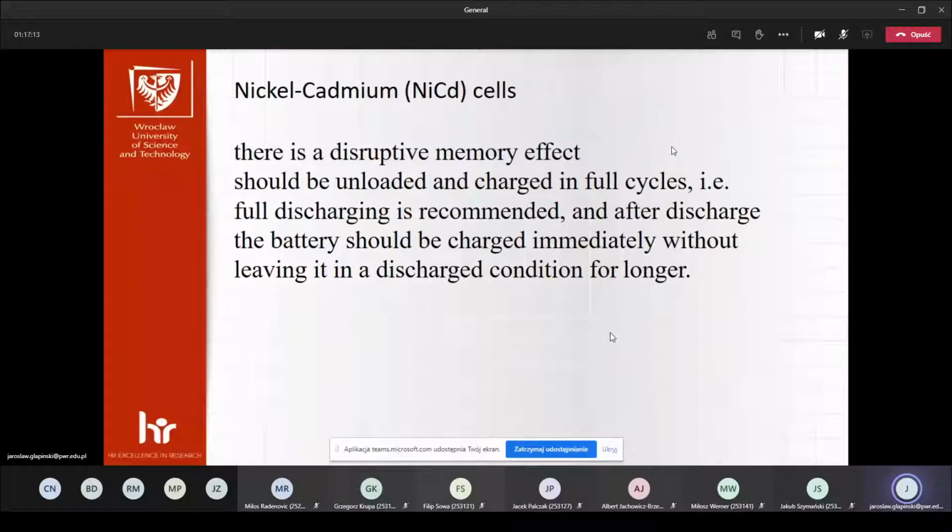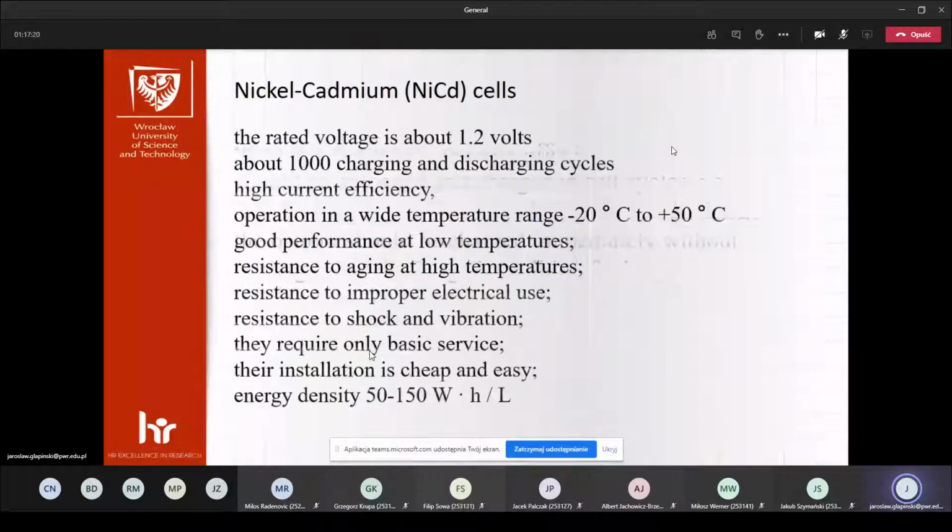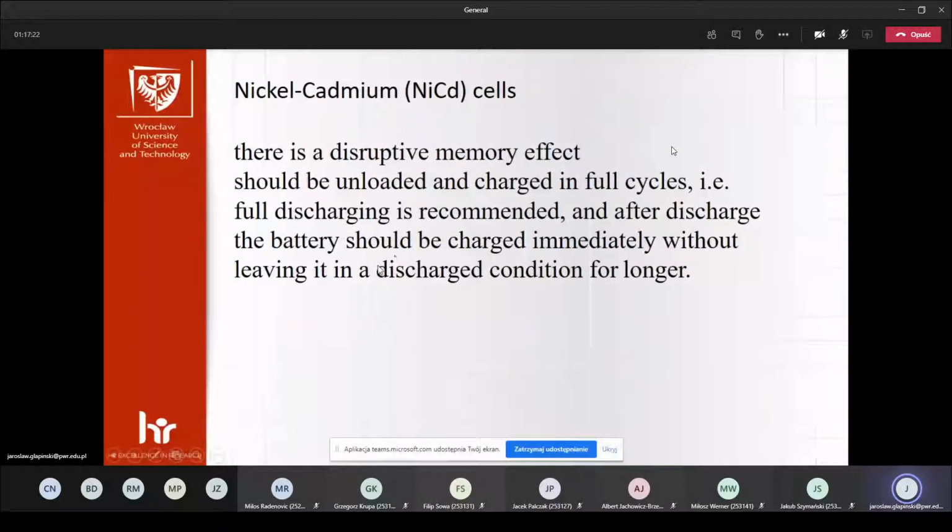We are going to lose the density of energy. I don't know why, but if we want to go back to the full ability to store the energy, we have to discharge this nickel cadmium accumulator to nearly zero, and then charge it again.